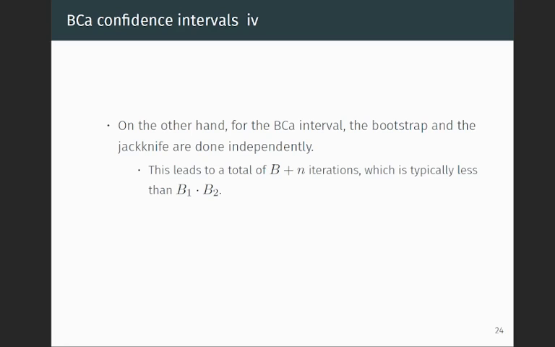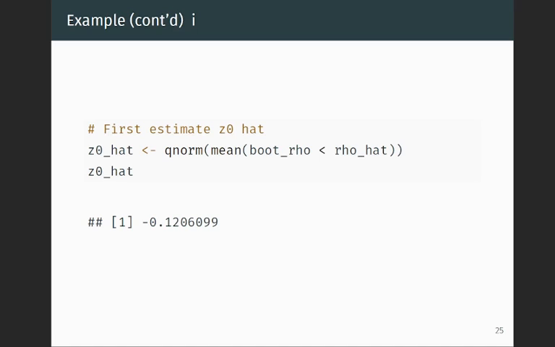So this leads to a total of B plus n iterations, which is typically less than B1 times B2. And so in that sense, the computational cost of the BCA interval tends to be lower than the student interval. But both of them require a second level of resampling. Okay, so let's look at an example of computing those quantities.